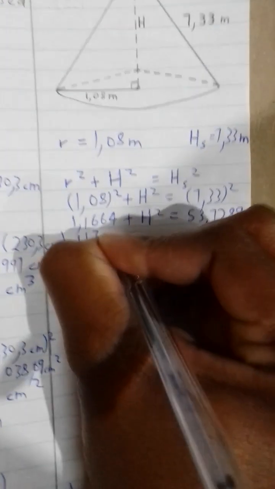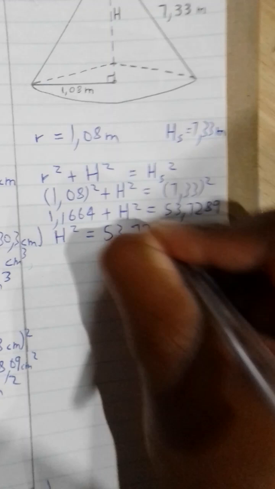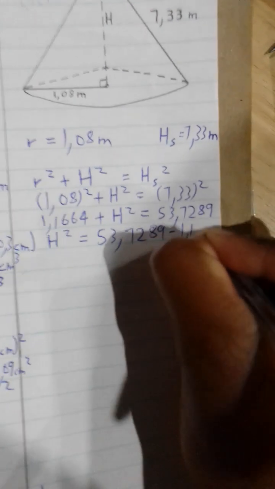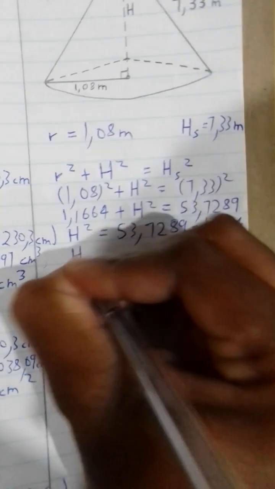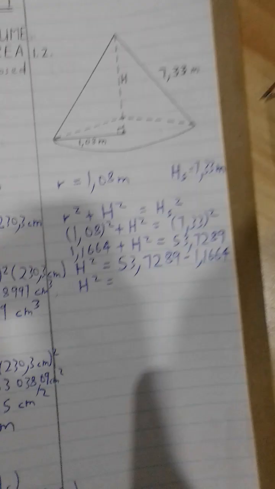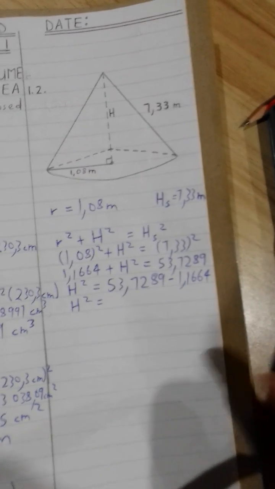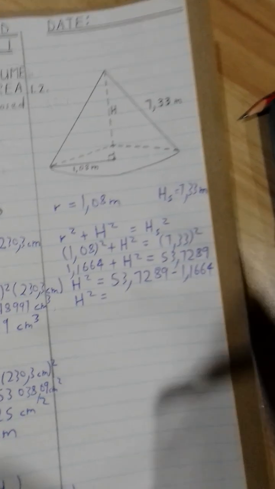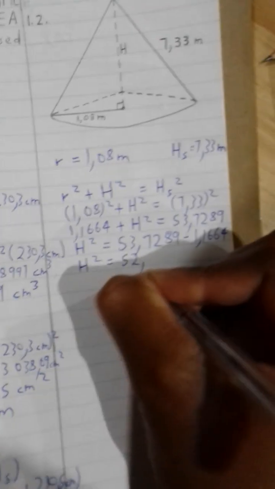So h squared is 53.7289 minus 1.1664, so h squared is 52.5625.